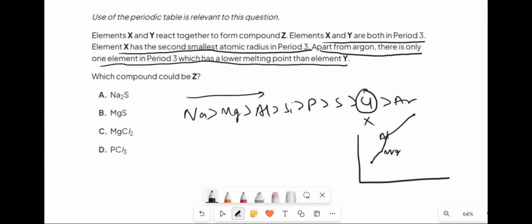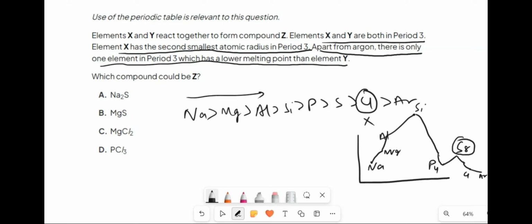Silicon has the highest melting point, and then the melting point decreases for phosphorus. Sulfur has a slightly higher melting point because it is an S8 molecule, while phosphorus is P4, and sulfur has more electrons, so van der Waals forces are stronger. Then the melting point decreases for chlorine, and then finally for argon.